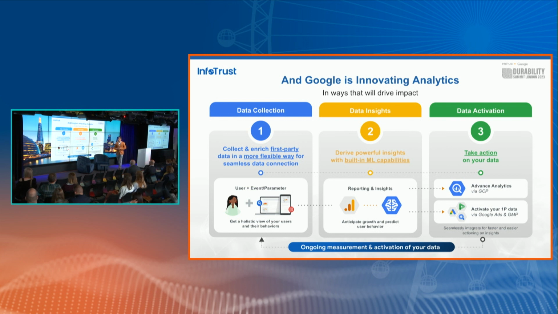Firstly, the data collection itself can be in a first-party oriented way, giving more importance to user consent. It also has a more flexible data model, which is a user plus event-based data model, which we'll be talking about more. Secondly, you have the ability to derive powerful insights with built-in machine learning capabilities.